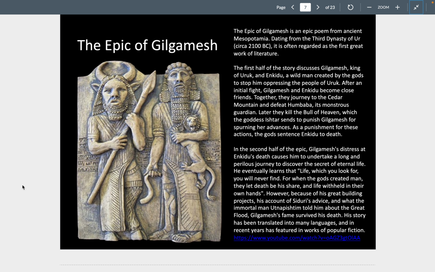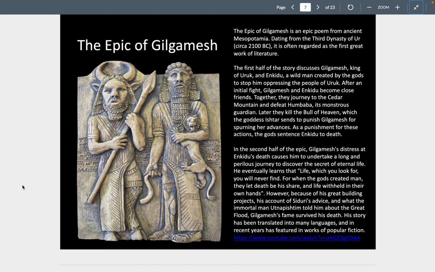They will kill the Bull of Heaven, sent by the goddess Ishtar, and Ishtar is the other name for Inanna. I said Isis earlier, sorry about that. So she is going to punish Gilgamesh for spurning her advances, and as a punishment, the gods sentence Enkidu to death.